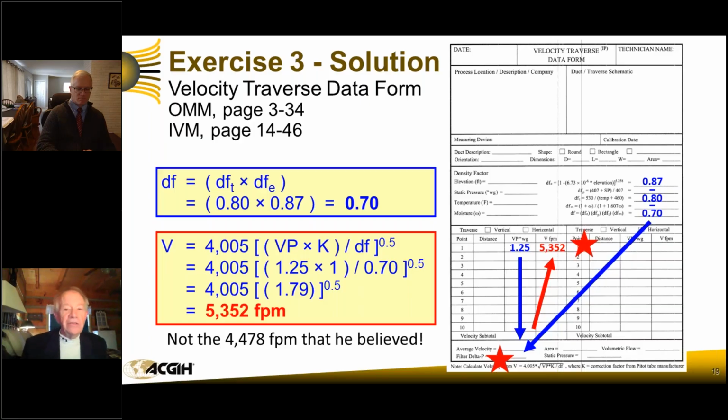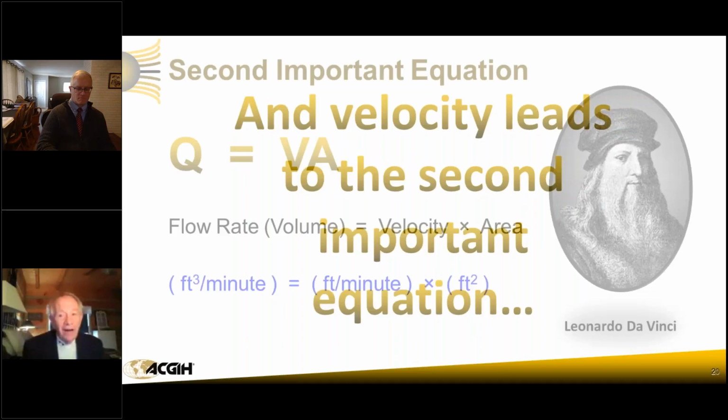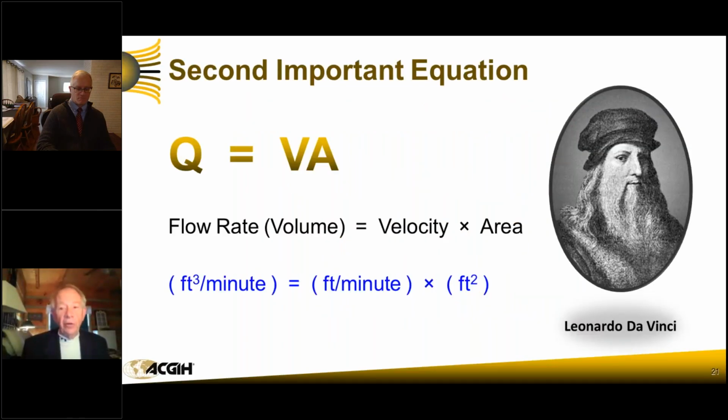And velocity leads to the second important equation. Leonardo da Vinci was standing out one day and he noticed water running in a brook. And he said, I can go out there and I'll put a V notch in it. I can figure out how much water is running through the V notch by the height of the water in the V notch. That gave him the area that the water was taking up.